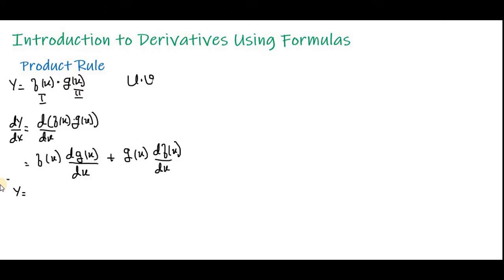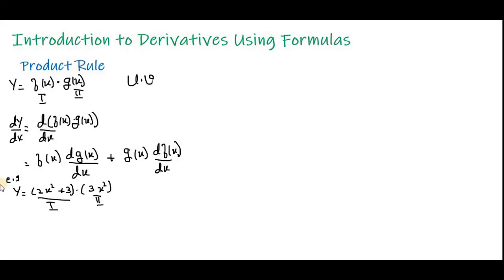So we take an example for that. Y is equal to 2x square plus 3 into 3x square.